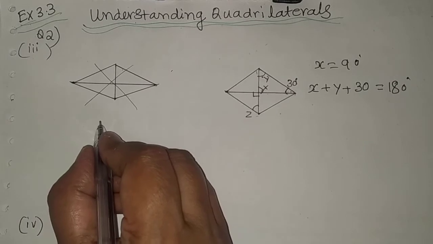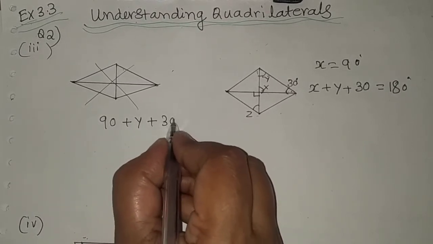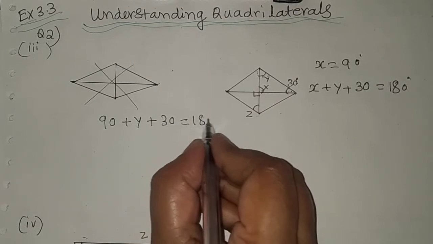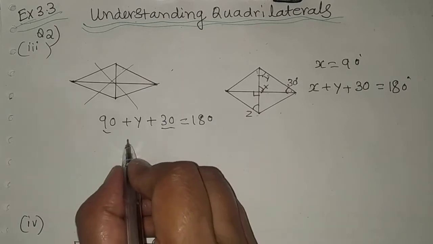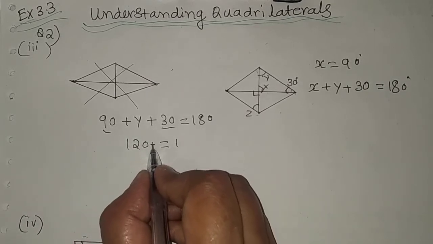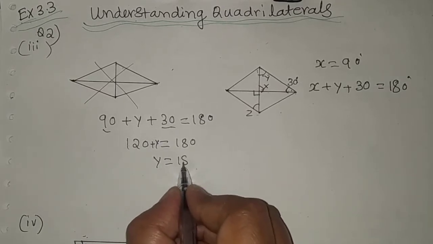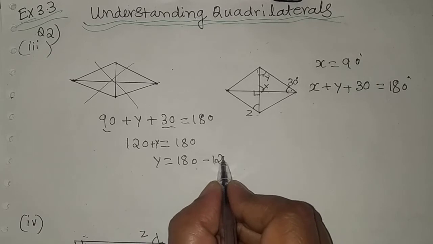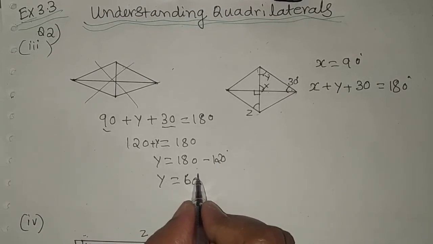We'll write here 90 plus Y plus 30 is equal to 180. Therefore add these two, we get 120 plus Y is equal to 180. Therefore Y is equal to 180 minus 120, which is how much? Y is equal to 60 degrees we are getting.